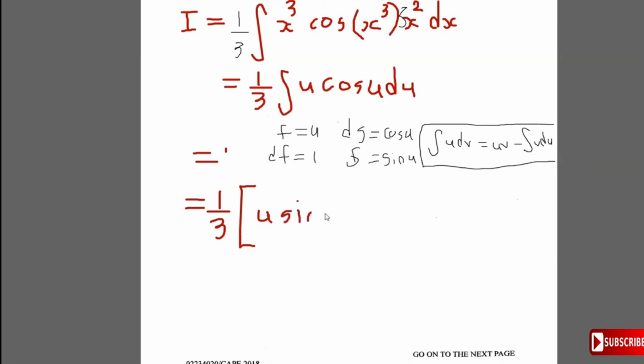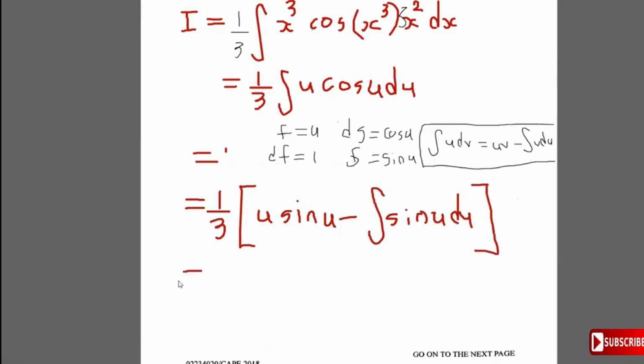So it's 1 over 3 u sine u minus the integral of s df, which is the integral of sine u du, and I close up that bracket. So now I can proceed.